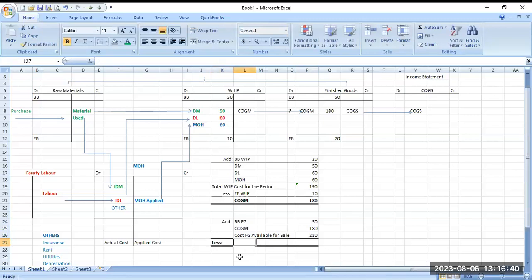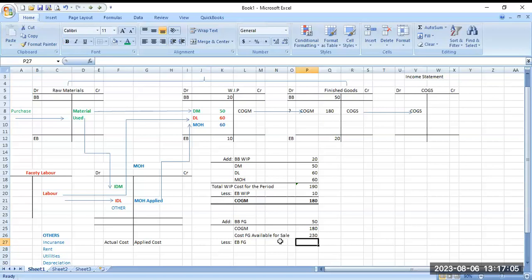Less the ending balance of the finished goods, and that should give us cost of goods sold. So let me do some modification here. Let's get rid of these borders. Ending balance of the finished goods.